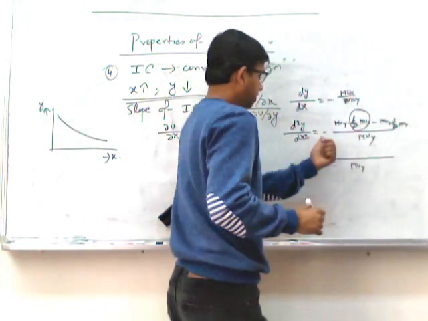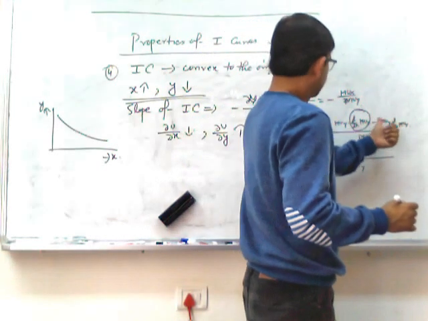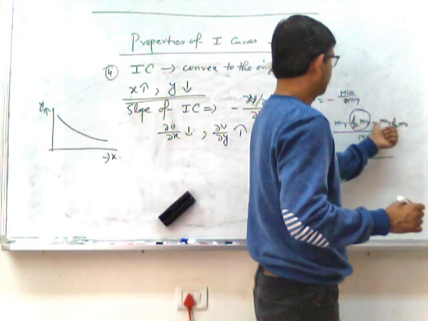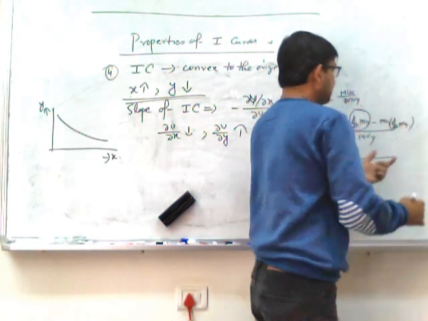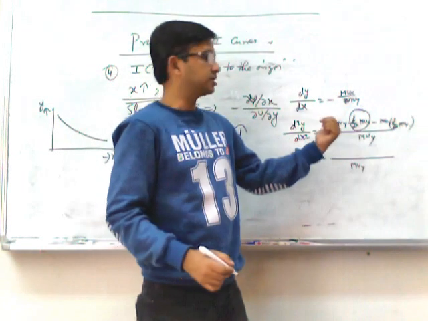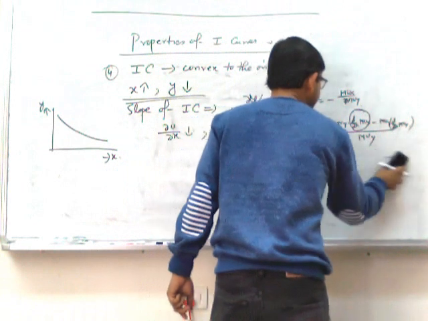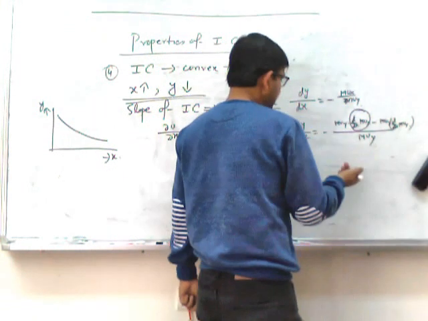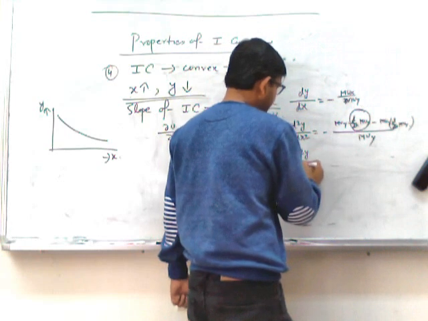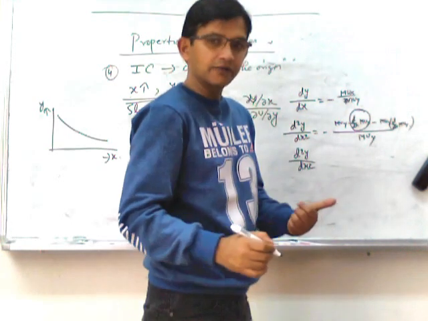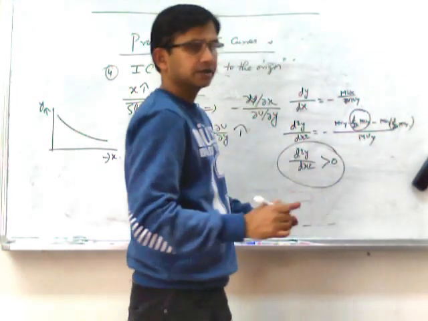So negative multiplied by negative equals positive, and here minus multiplied by minus, this term will be positive. If x rises, marginal utility of y will rise. So the numerator is positive, the denominator is positive. So d2y by dx2, which is the curvature, is greater than 0. That means this curve is convex to the origin.